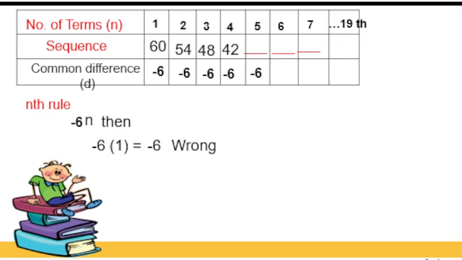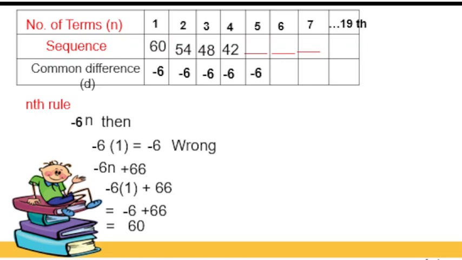So, 60 plus 6 is 66. So, therefore, negative 6n added by 66. Okay, to substitute, we have negative 6 times 1 is negative 6 plus 66 is equal to 60 or positive 60.